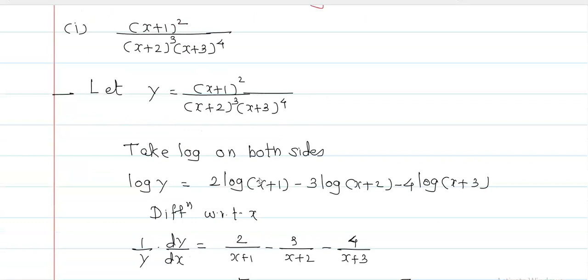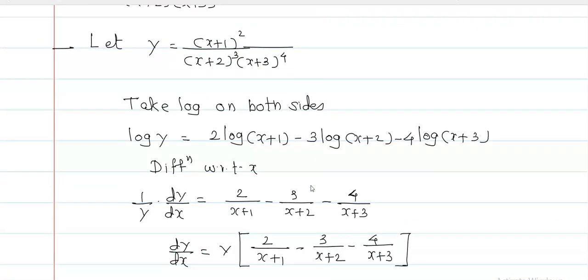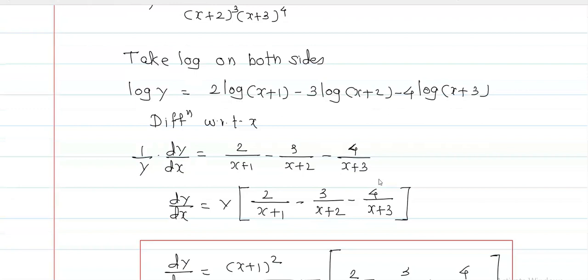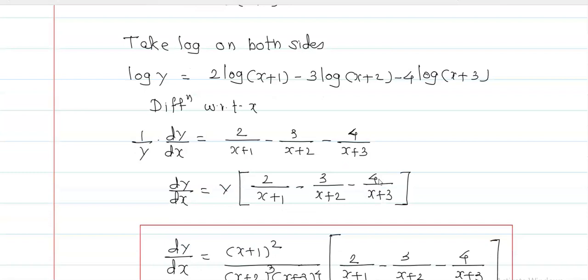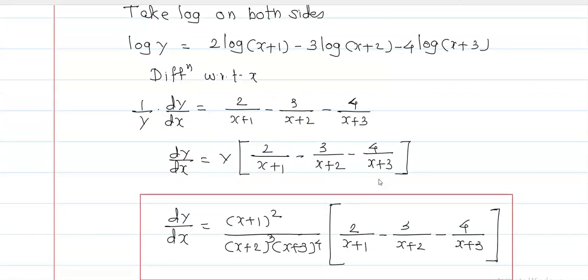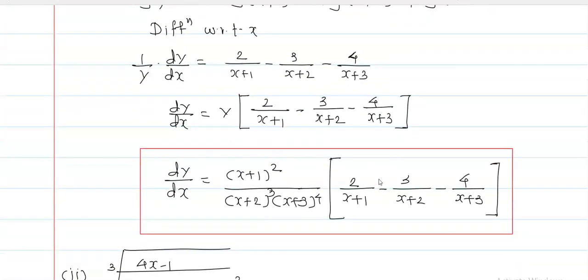This is y. Take log on both sides. Therefore, you will get dy by dx, simplify the terms. Now the next example.